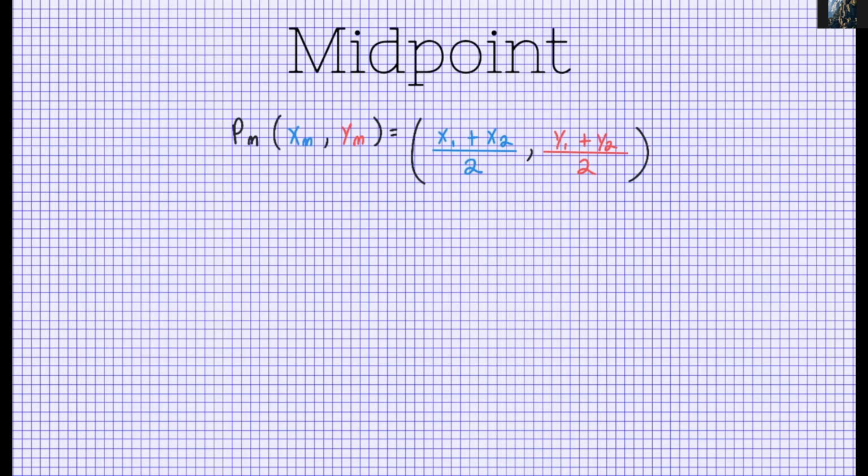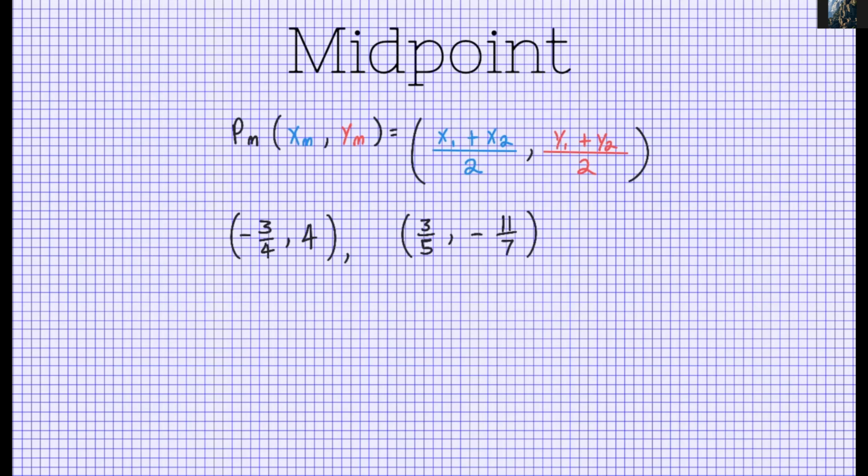So let's imagine that we're given these points. We have -3/4, 4, and then we have 3/5, -11/7.